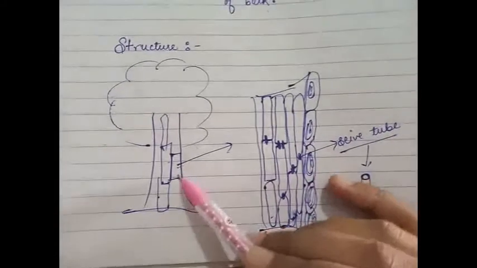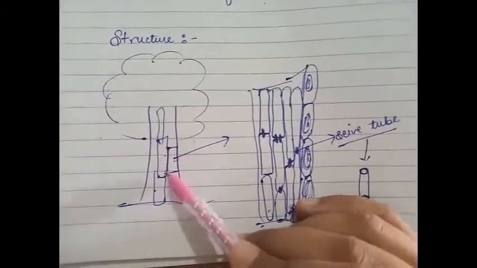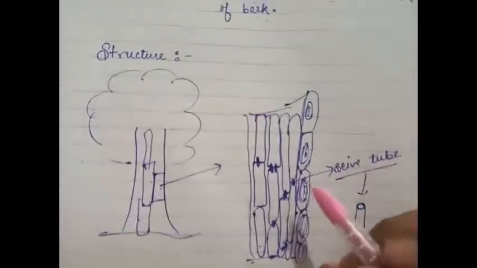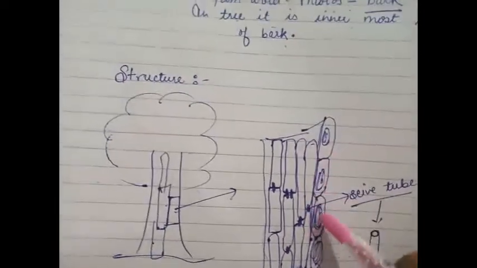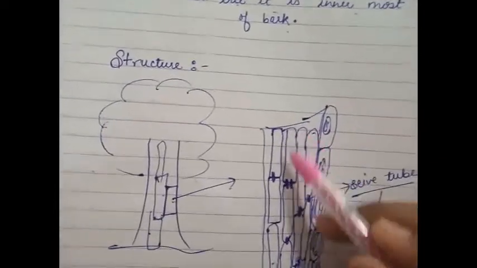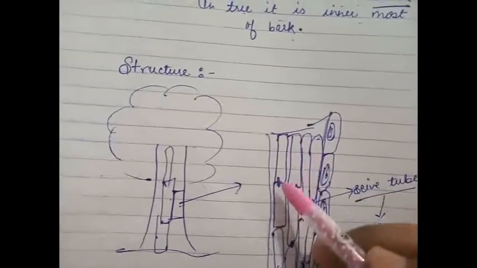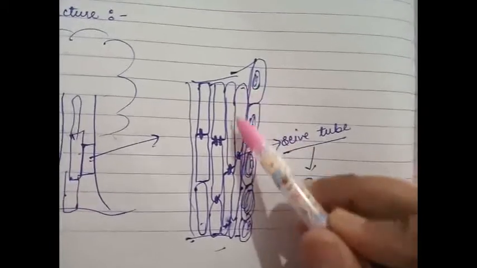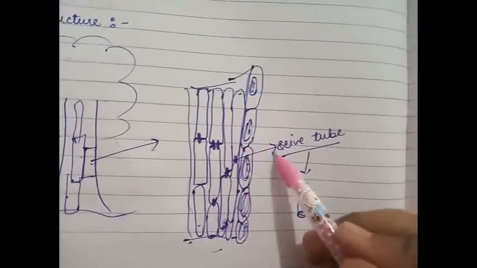Now we will see it in our diagram. Here you can see this portion of the tree opened, and you can see the structure. These are longitudinal cells, and these longitudinal tube-like structures are sieve tubes.